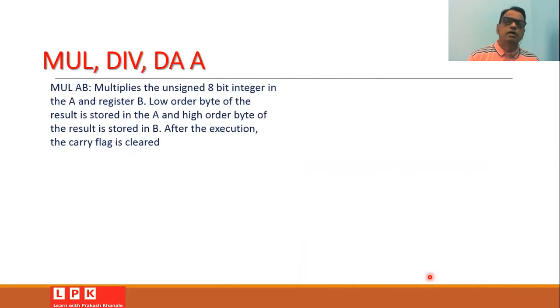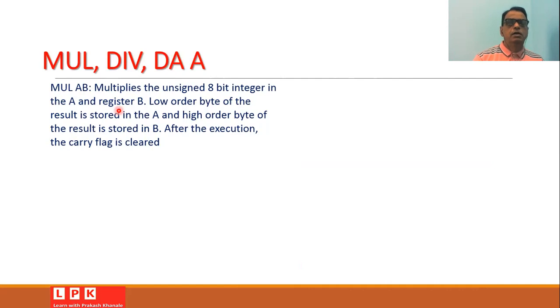In the 8051, you can multiply two 8-bit numbers by using the instruction MUL AB. So the unsigned 8-bit integers in A and in the register B will be multiplied with each other.